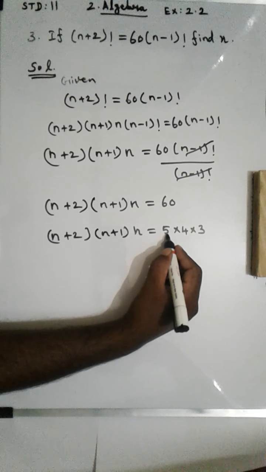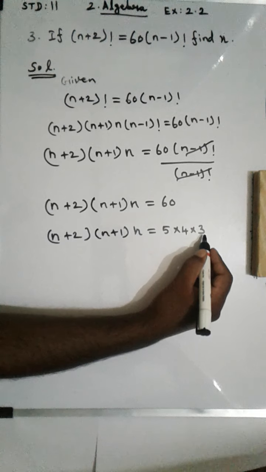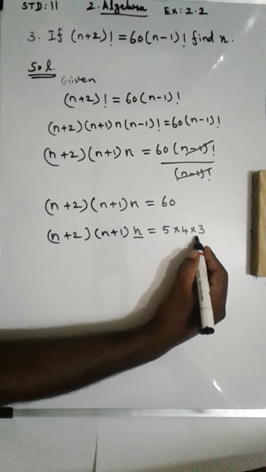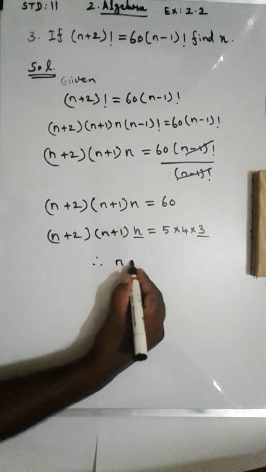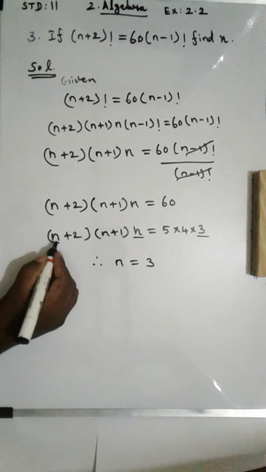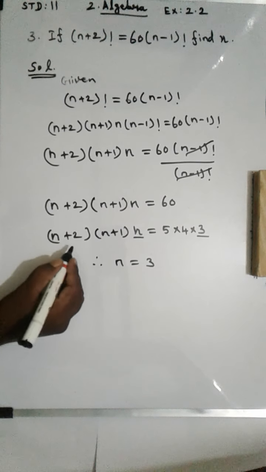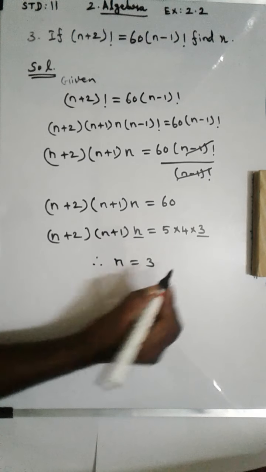Here 5, 5 minus 1, 4, 4 minus 1, 3. So it is equal order. Therefore n equals 3. Suppose we take n plus 2 equals 5, then n equals 5 minus 2 is 3. So n value is 3.